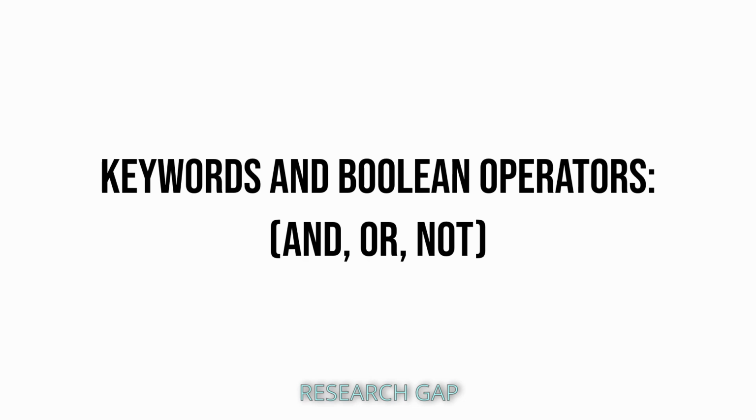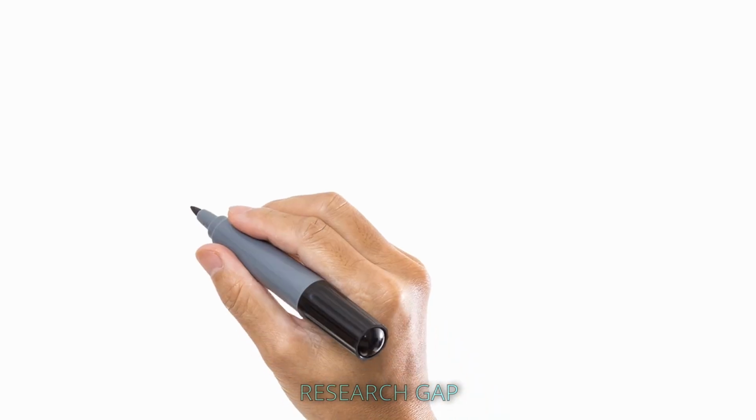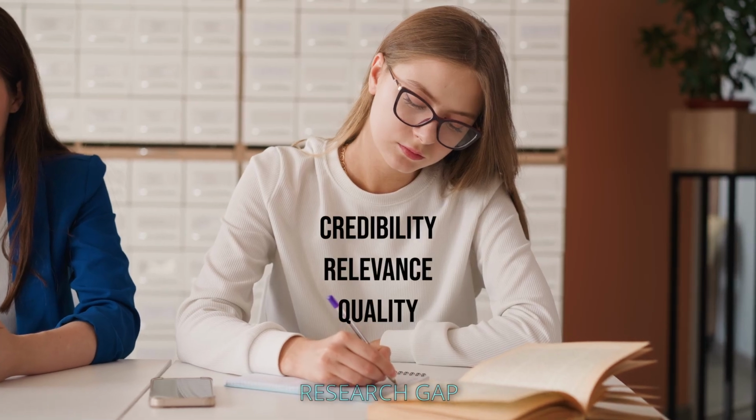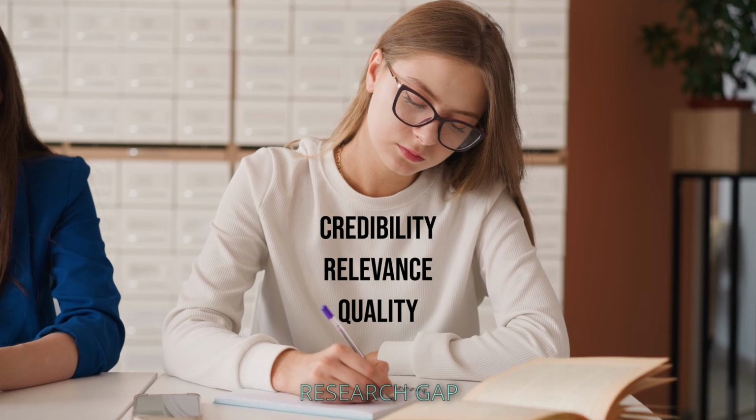Keywords and Boolean operators AND, OR, NOT can help refine your searches. 3. Evaluate sources. Assess the credibility, relevance, and quality of the sources you find. Look for peer-reviewed articles published in reputable journals, authoritative books, and contributions from experts in the field.